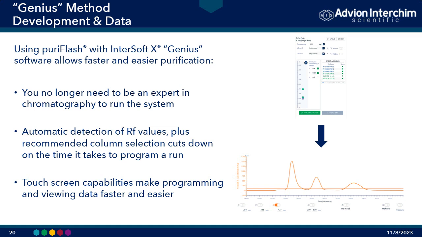So all of this is going to cut down on the development time for your method. And the touchscreen will make programming and viewing data faster and easier. So you can see we go from our input information to a method that is allowing us to separate all 3 of those spots.